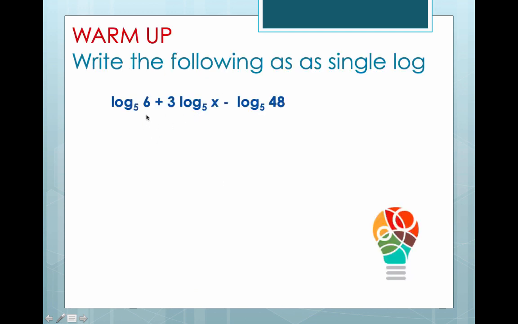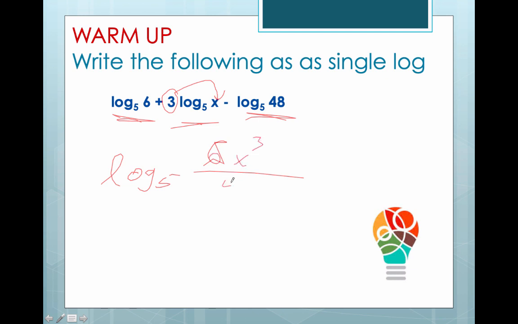Single log, remember, a couple of things you can do. This 3 can come up there, and then we can multiply. Addition is multiply, and subtraction is division. So I'm going to put all of this into a single log base 5, but I'm going to have 6x cubed divided by 48.